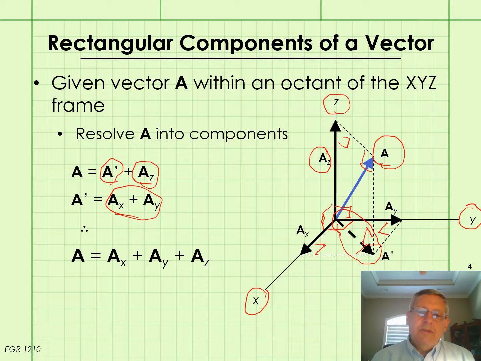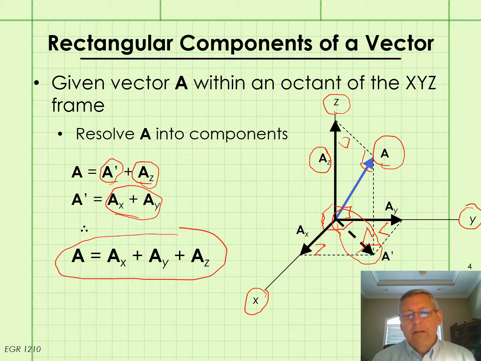Now we can substitute in A x plus A y for A prime and end up with A, the vector A, can be written as its x, y, and z, or Cartesian components, A x plus A y plus A z.